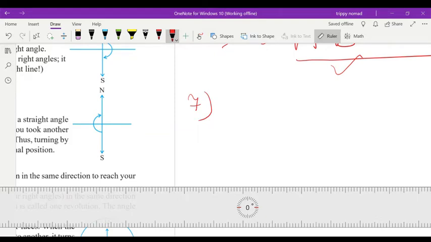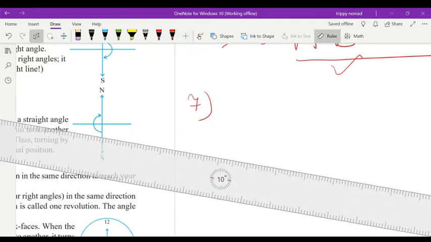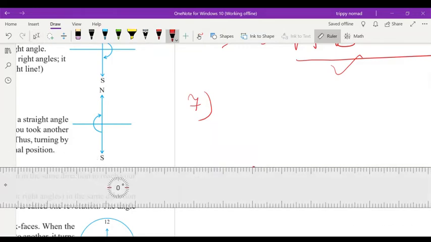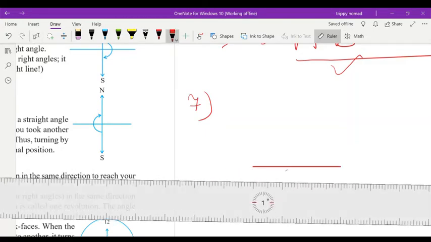Now I am going to draw one triangle. Any kind of triangle you can draw. I have drawn here, this is 3 centimeter.